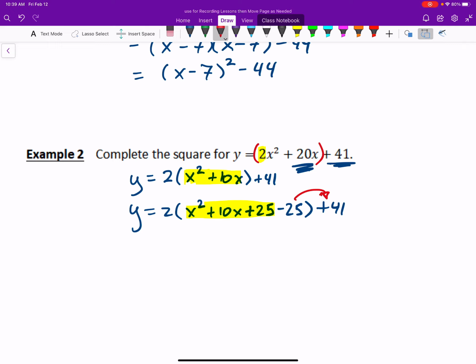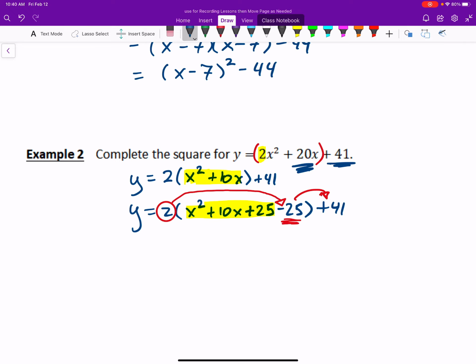There's one extra thing I have to be worried about in this case, though. This 2 out front, when I take this 25 out of the brackets, it's not really a minus 25 because that 2 out front is multiplying against each term in the brackets. So really that minus 25 has a value of negative 50, because 2 times negative 25 is negative 50.